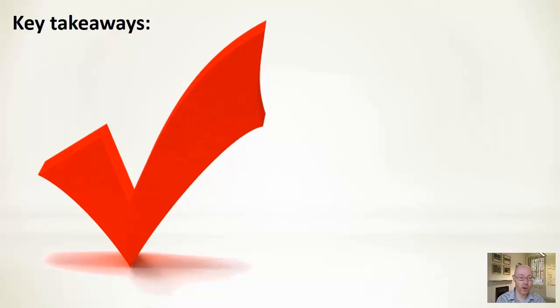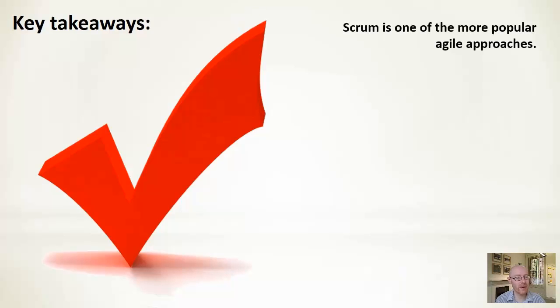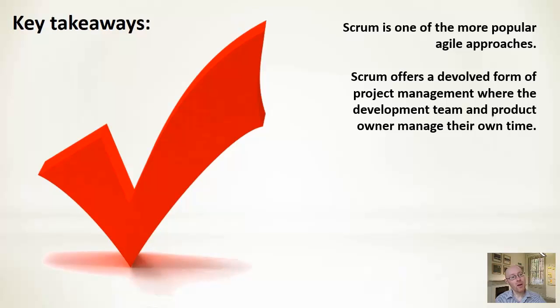But for key takeaways in terms of Scrum, it is one of the more popular Agile approaches, and it gives a devolved form of project management that is up to the team working in conjunction with the product owner to help determine what is selected, how much development time is needed, and then to structure their time so that they do deliver on those objectives within that particular sprint. And generally the emphasis is that if the team agrees to deliver 3 user stories within the sprint, that's what they will try to do. And I suppose the more experience you have, the easier it is to manage that. That's all we want to look at.